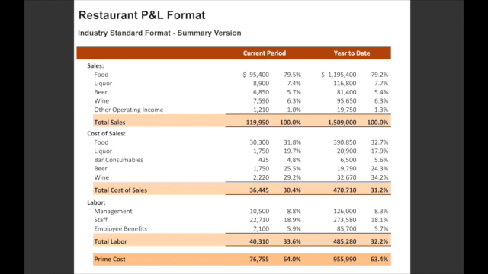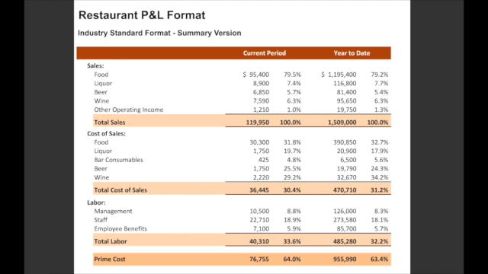So you can see in this example, this restaurant did $119,950 for the period. Period is a 4-week time frame. And you can see their total cost of sales, $36,445, or 30.4%. So for every dollar that came in the door, 30.4 cents of that dollar had to pay for the cost of goods, the cost of sales.